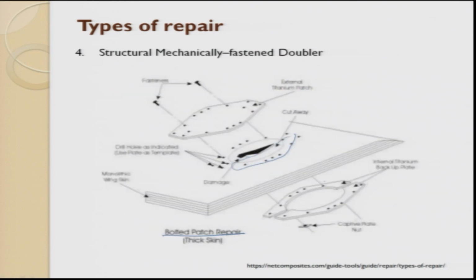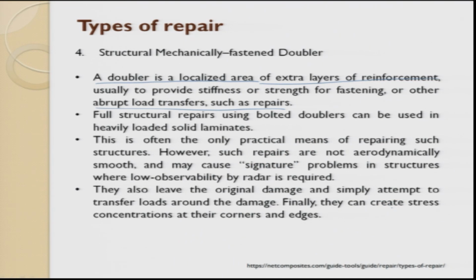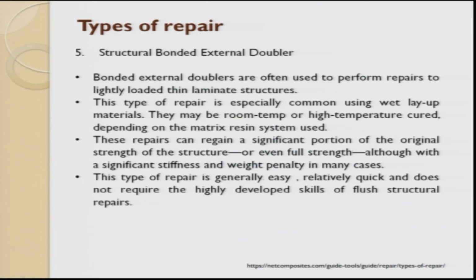When we do any of these damage repairs, we introduce foreign materials which might affect the aerodynamics as well as the radar signature. Maybe this will change the radar response that you have.